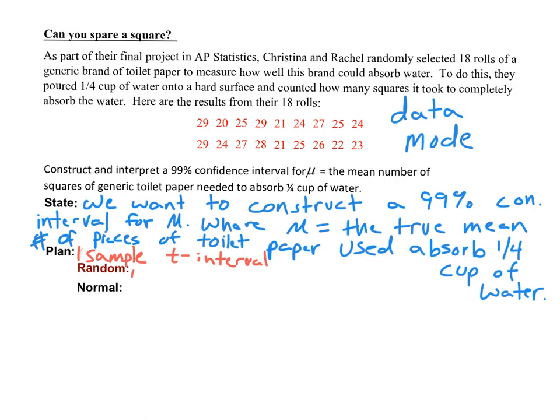For random, we have an SRS of n equals 18 rolls. Normal, n equals 18, which is less than 30.